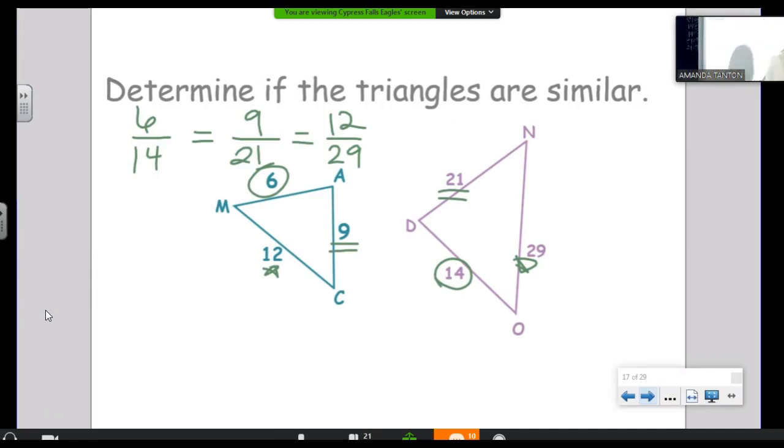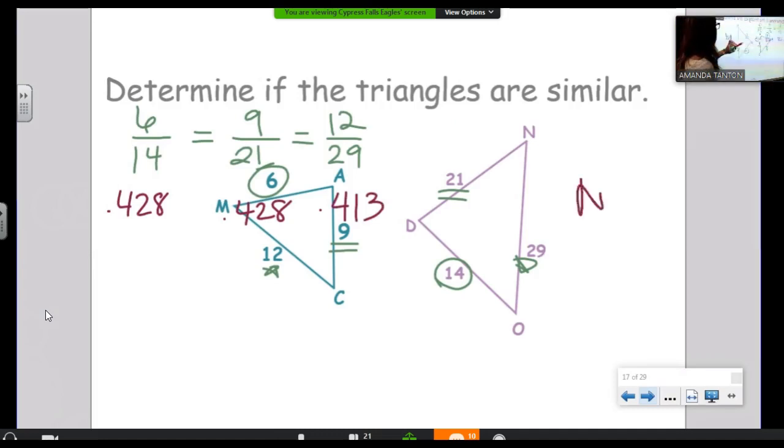I usually just divide it and write down the ugly decimal. 0.428, 9 divided by 21. Yay! 0.428. 12 divided by 29. Oh, no. So we're 100th off or more. So triangles are not similar. You have to check all 3 sides. So it is not possible to prove these triangles similar.